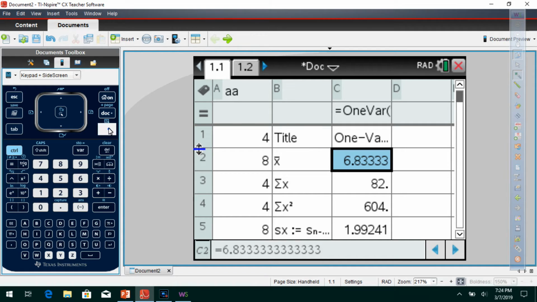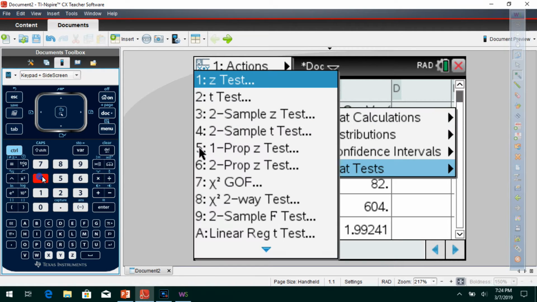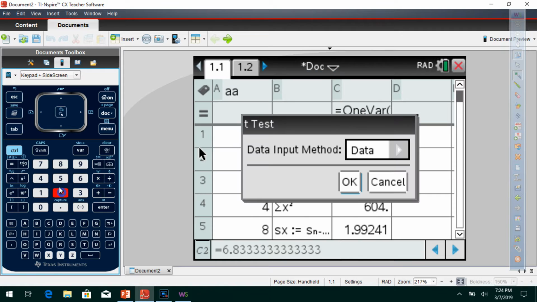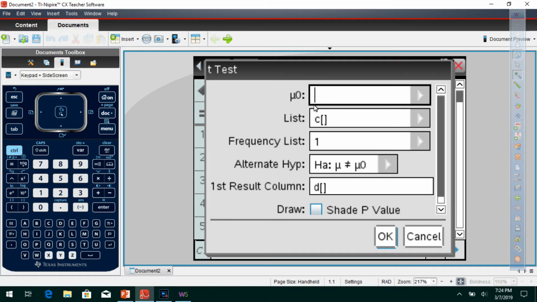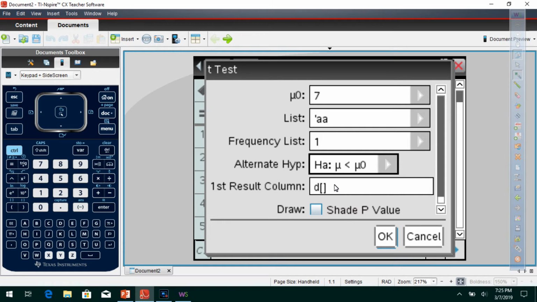Let's go menu, then 4 for stats test, and then 2 for t-test. We put the data in, so let's just use the data. We've got mu 7, and then our list is AA. The frequency list, we said it was less than 7, right? Our alternate hypothesis is less than 7.